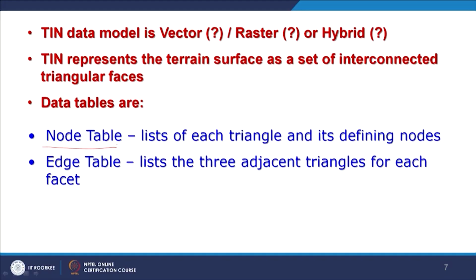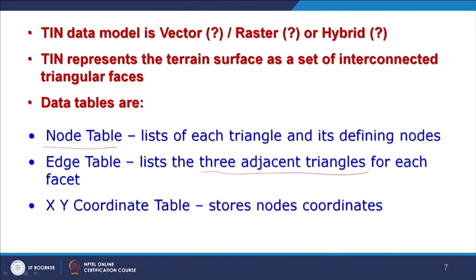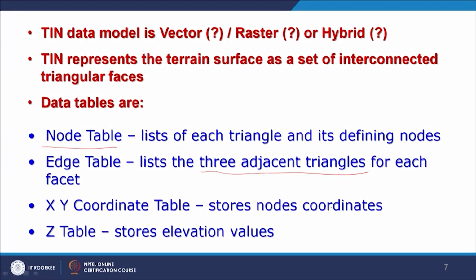Then the edge table, because each triangle will have edges, and that information also has to be stored in the system: all three adjacent triangles for each facet. Then of course you have the mass points or XY coordinate table, which stores the node coordinates, and finally the fourth one is the Z table, which will store, by default, the elevation value, but this value can be a pH value or any other parameter.